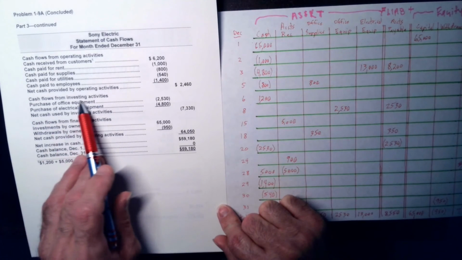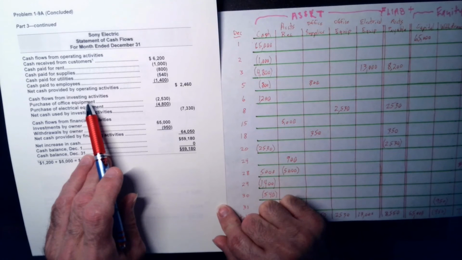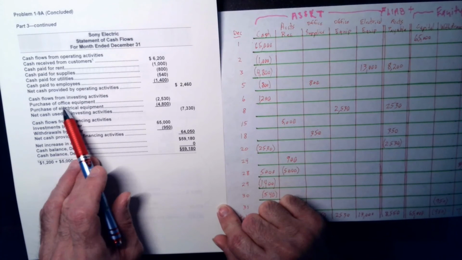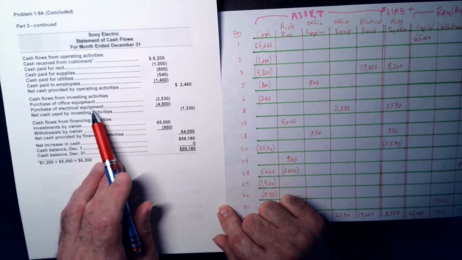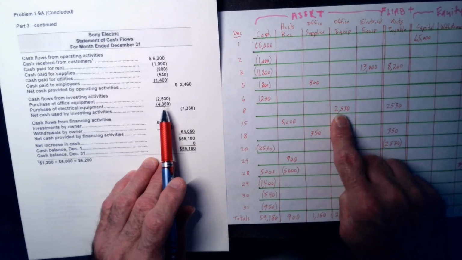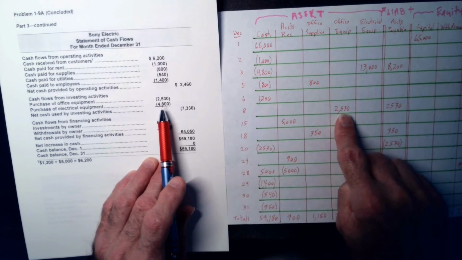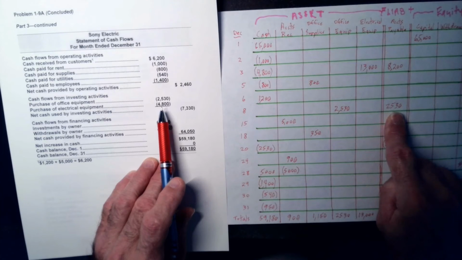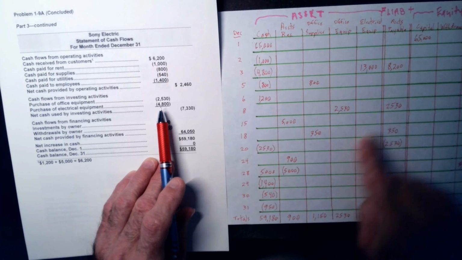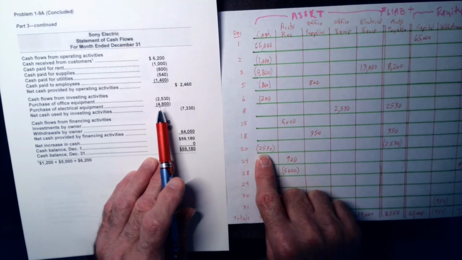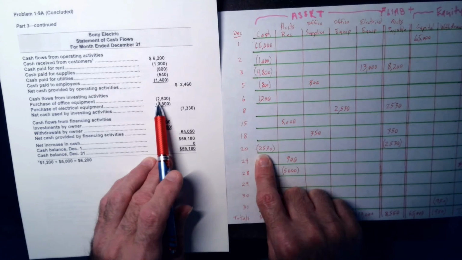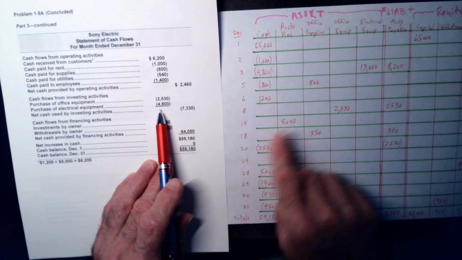Now I get to investing, and that's any big ticket things that I have bought. And I did buy office equipment, and I bought electrical equipment. So my office equipment is going to be $2,530. Ooh, but wait a minute. That was done through accounts payable, but didn't I pay that? Yes, I did. I paid that later on here. So I can report that as cash paid out for office equipment. How about electrical equipment?